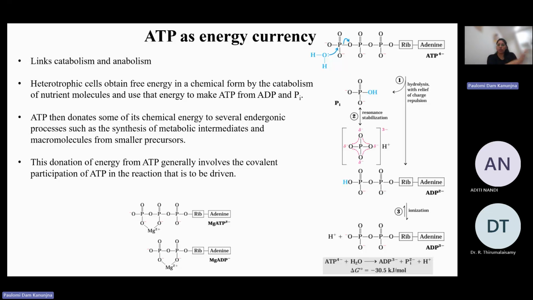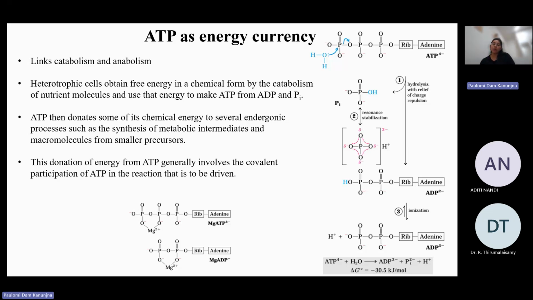We know glucose is taken up and broken down to gain energy, and whatever energy is gained from there is used to make ATP. So ATP is generated by the breakdown of glucose. That much we know. Now this is how ATP is formed, through a catabolism reaction.